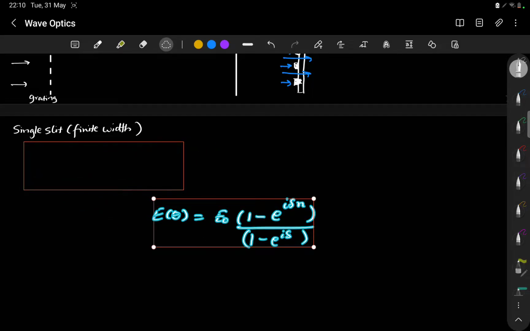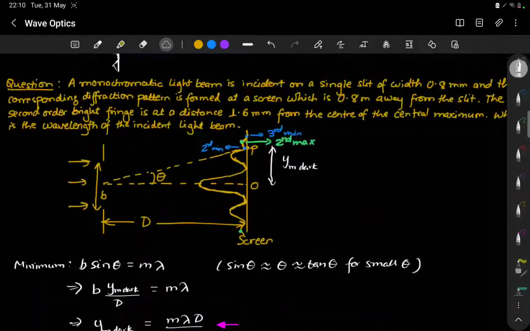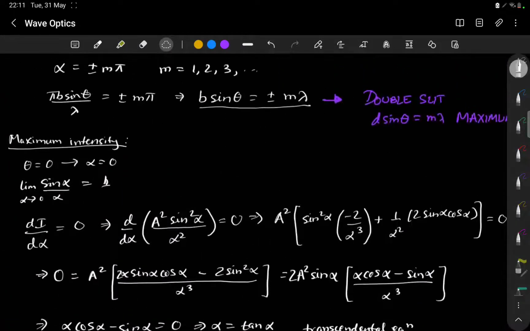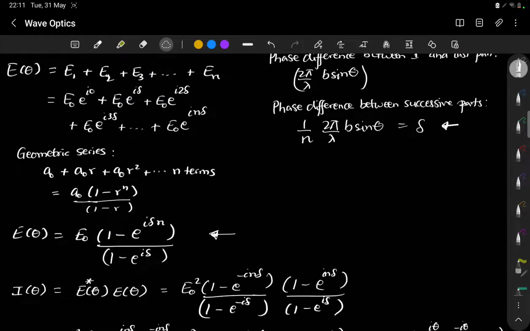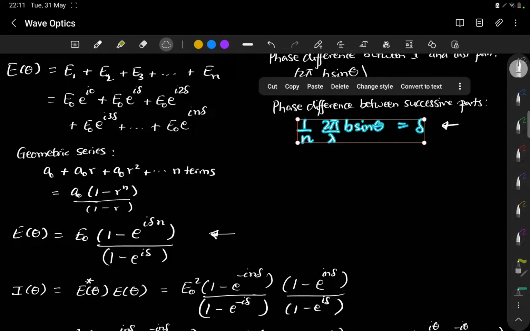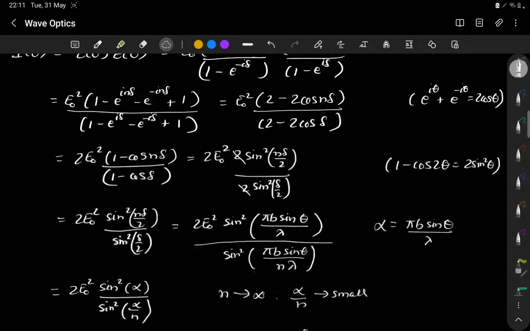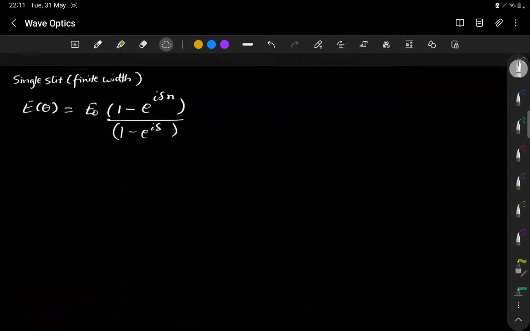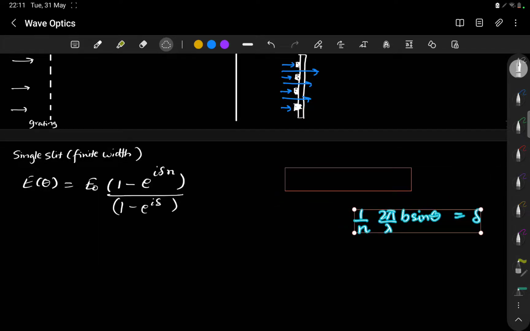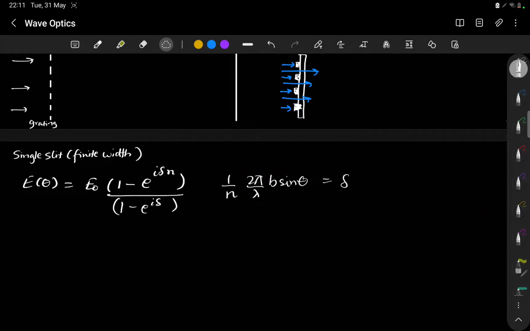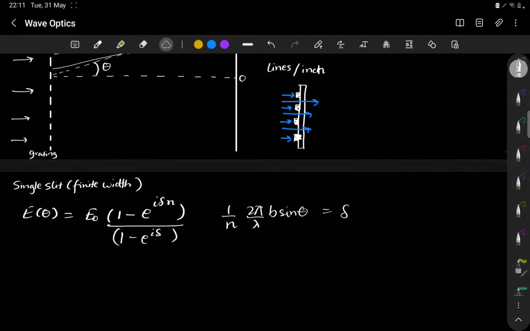So this is the electric field due to a single slit, where delta is given as such. Over here, this is our delta. So this is the case for a single slit.